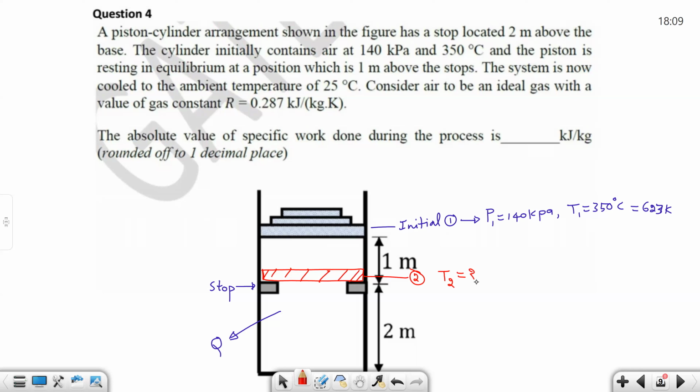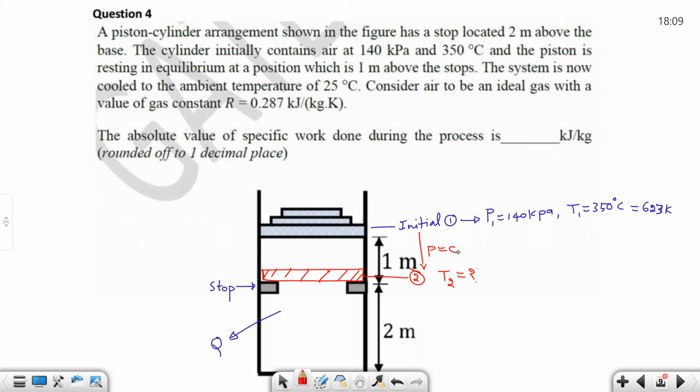Because if you continue to remove the heat, from 1 to 2 the process will be pressure constant. Because if you look at that, the piston is freely moving. So whenever the piston is freely moving, the pressure cannot change.